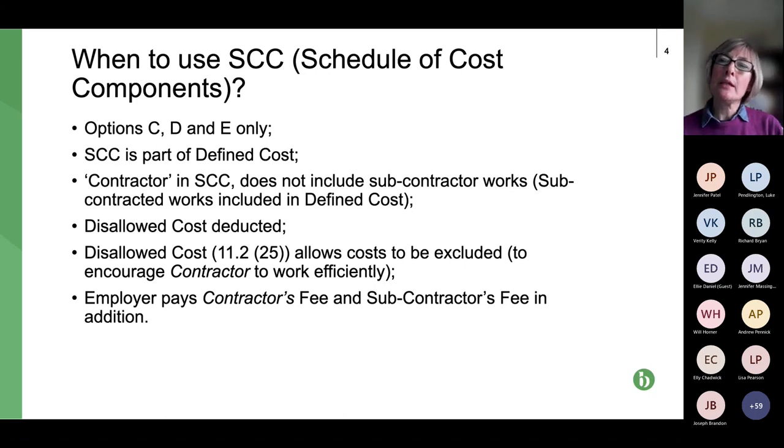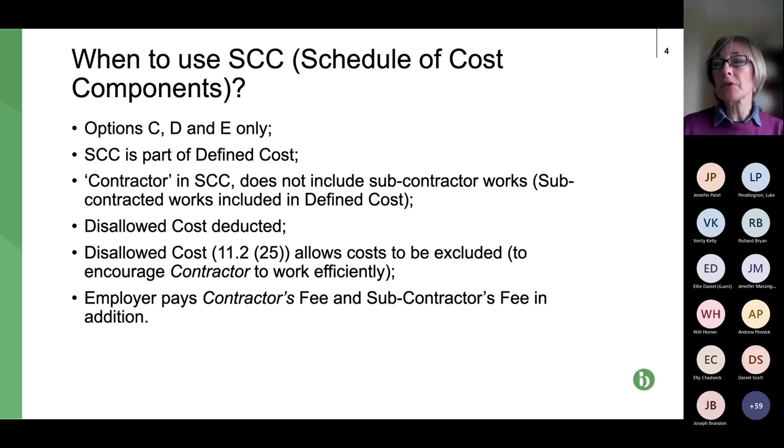They're used in each of your interim payment applications as you go through the project, typically every 28 days or monthly. This is where the schedule of cost components comes in. So it's really relevant on options C, D and E.